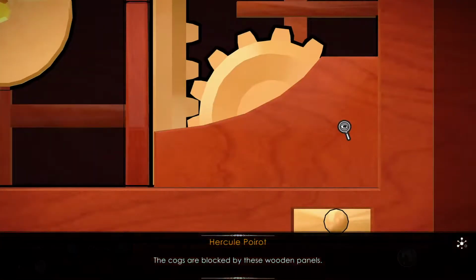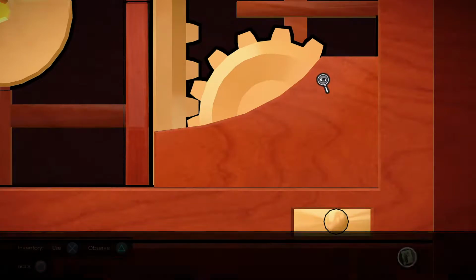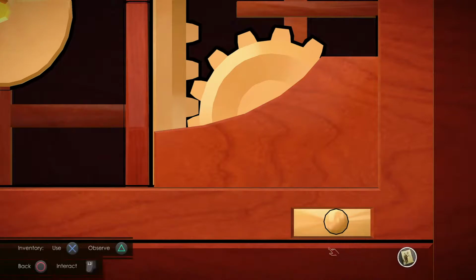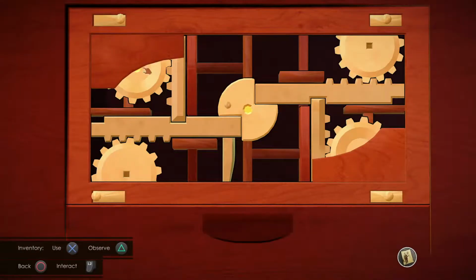Yeah, I know the cogs are blocked by the wooden panels. So how do I move the flippin' cogs?